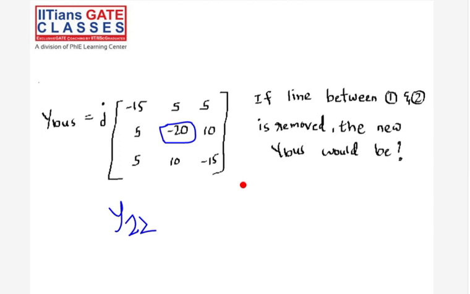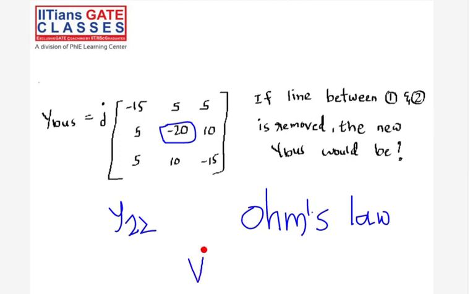Okay. So the idea is, if voltage V is applied at node 2, then current I2 will be minus 20.